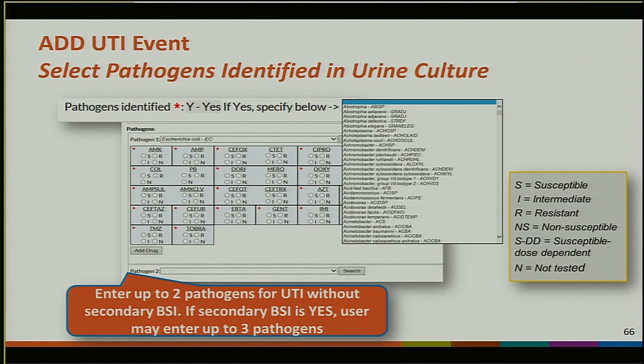If you have an organism, let's say a Proteus, because we have actually been seeing Proteus in the urine cultures in long-term care residents. This was not common when the NHSN antibiograms were originally built.